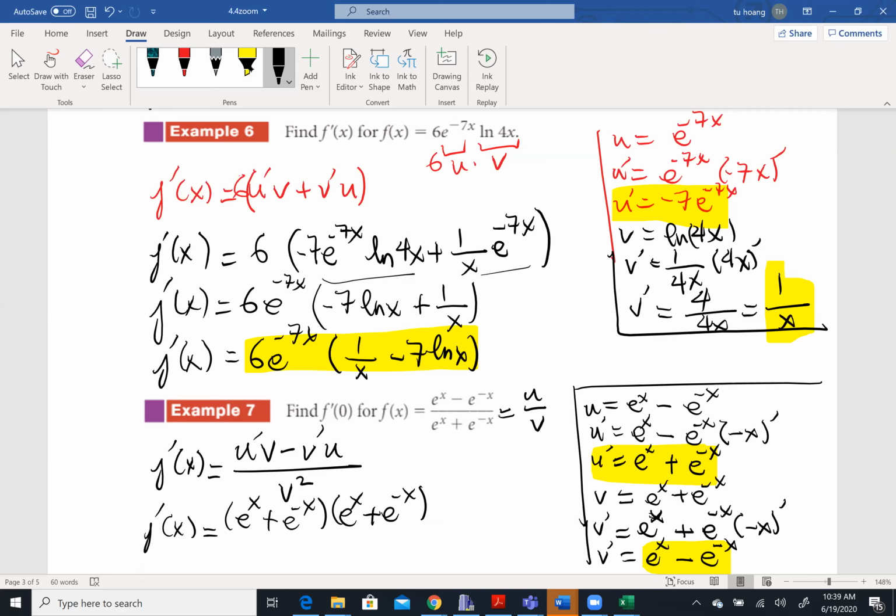And I subtract v prime, which is e to the x minus e to the negative x, times u, which is e to the x minus e to the negative of x.